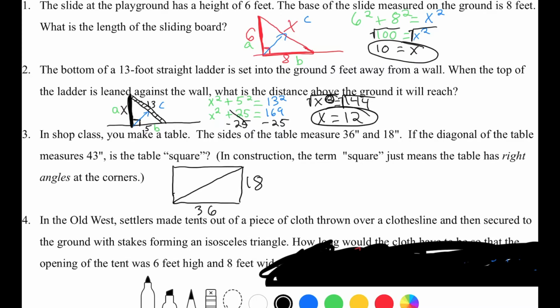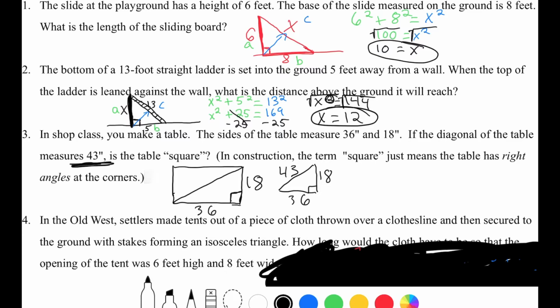So then you're asked, is this table square? And what it means by square is, do we have right angles? Well, if this is a right angle, and we already have two of the sides, which is the 36 and the 18, so we're looking at this triangle here. That means if we use our theorem, we should have 43 here.